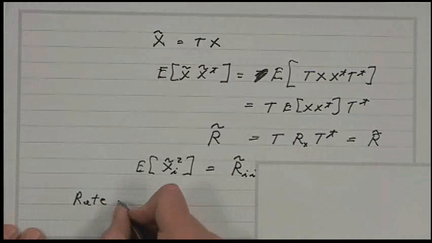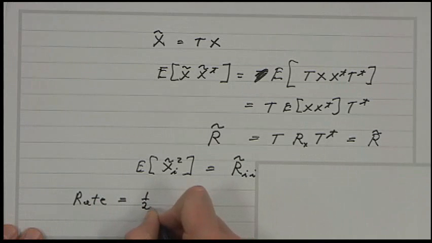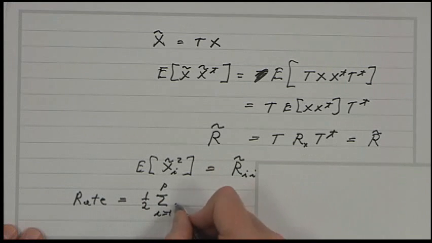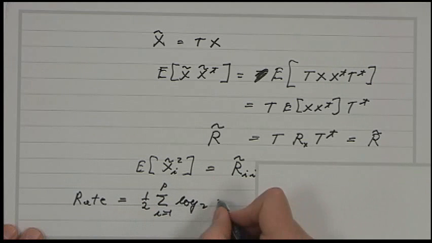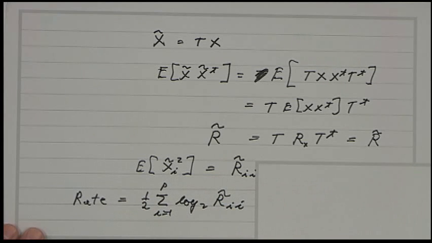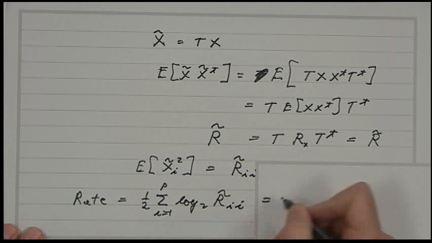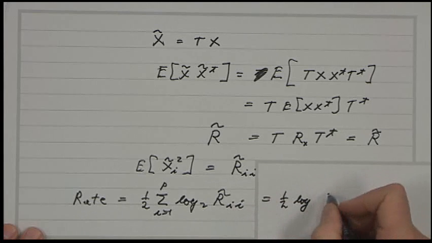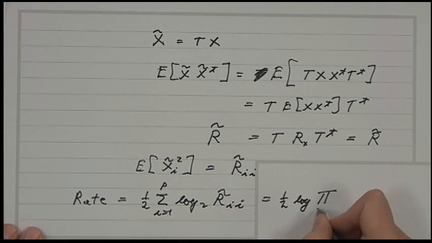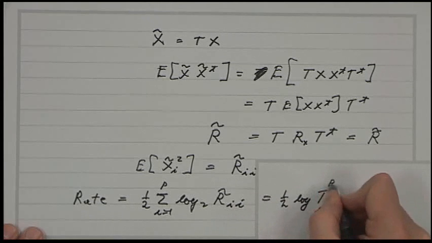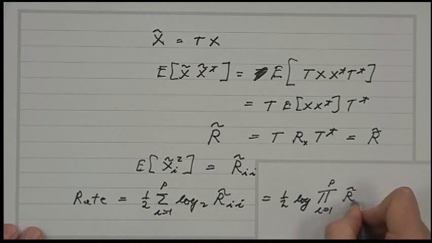Then the rate here will be equal to 1/2 the sum from i equals 1 to p of the log base 2 of r tilde ii. Right? So that's going to be equal to the same 1/2 the log of the product from i equals 1 to p of r tilde ii, right?